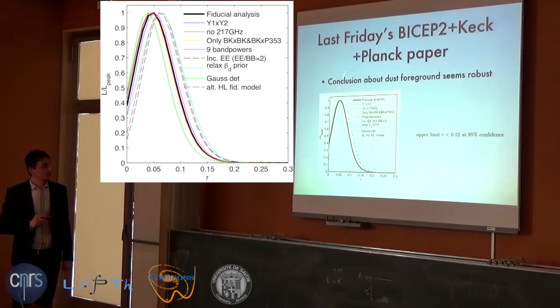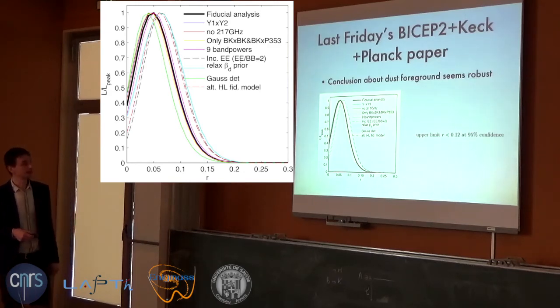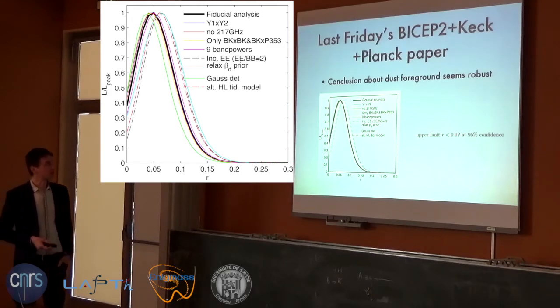Now that they combined the data of these three experiments, they come to this final conclusion that the scalar to tensor ratio peaks at some value that is non-zero, but it does not exclude the value of 0. It maybe excludes it at 1 sigma, but I didn't even look up the 1 sigma values.